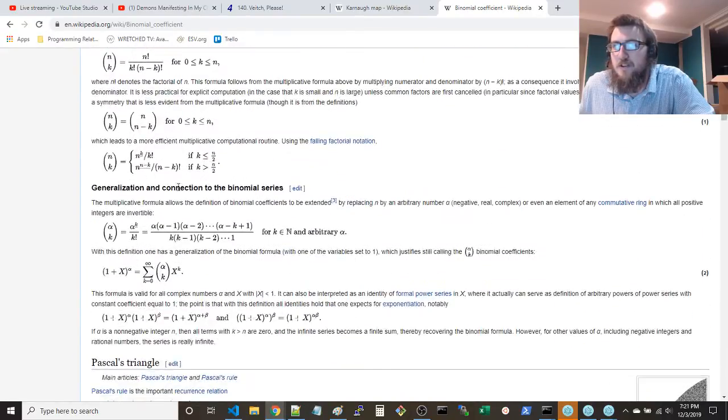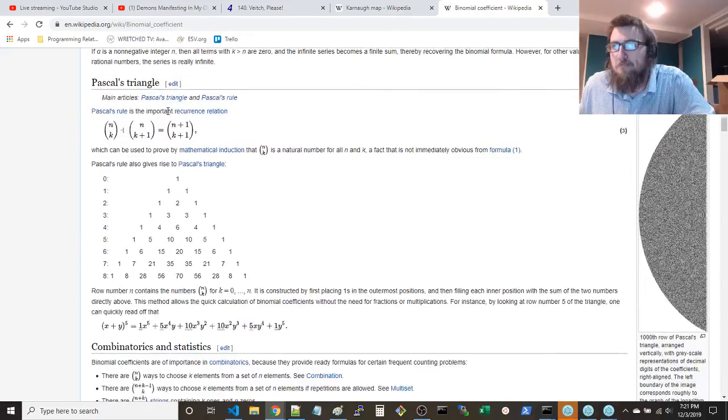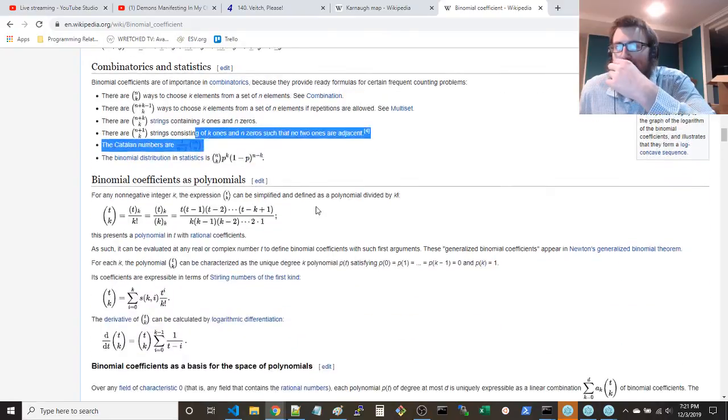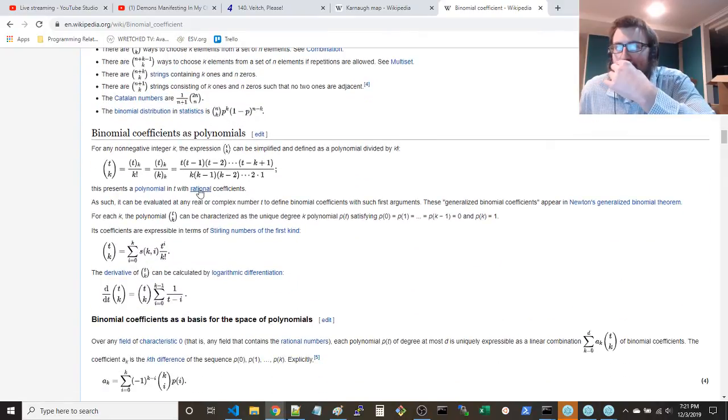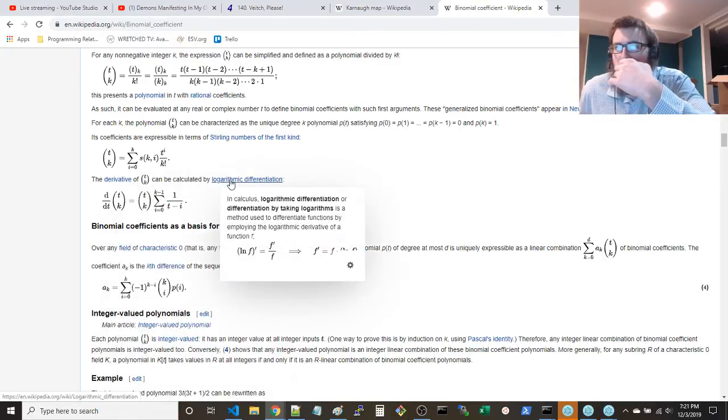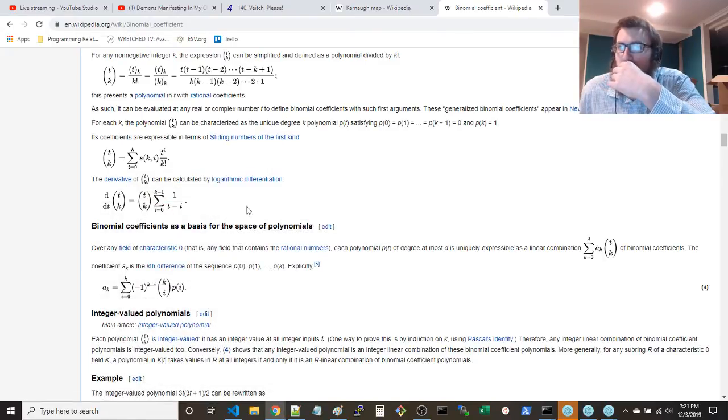Factorial, we got that. Pascal's triangle. Oh, there's something here, Catalan numbers. It's kind of cool. Logarithmic differentiation. Interesting.